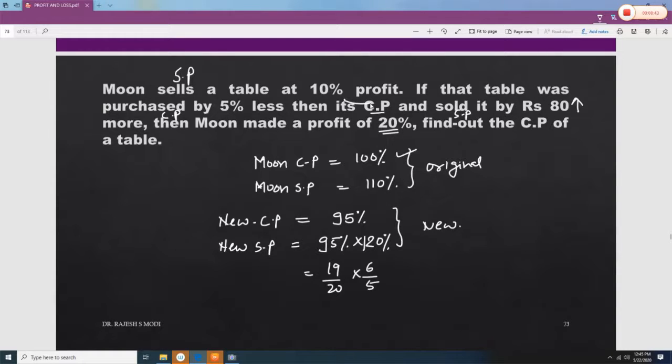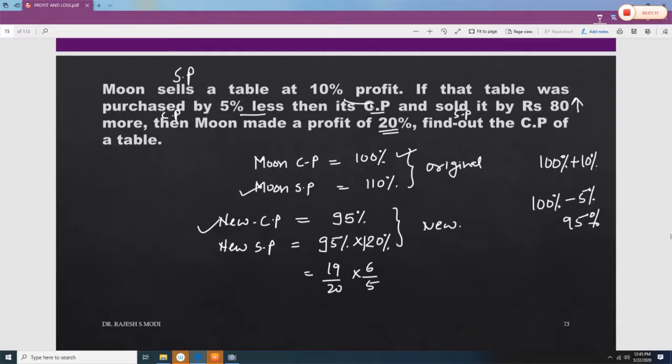CP is always 100% and she sells at 10% profit. So 100% plus 10% profit, SP is 110%. Then, if that table was purchased, the new CP, by 5% less, 5% less means 100% minus 5%, that is 95% is the new CP, right?